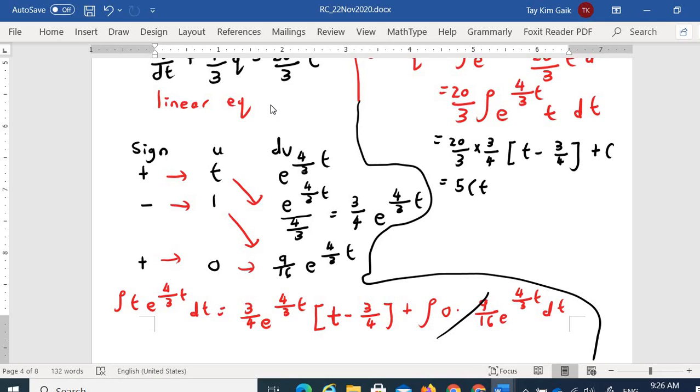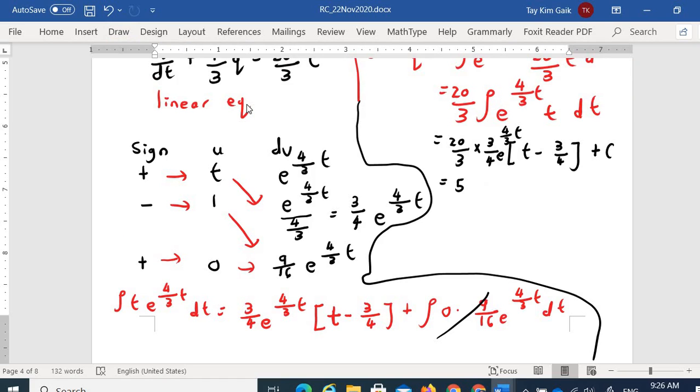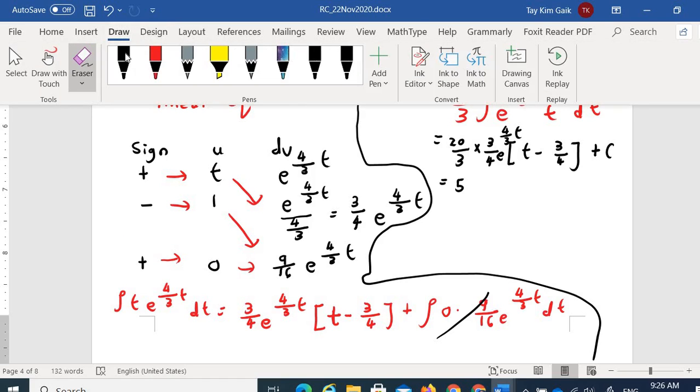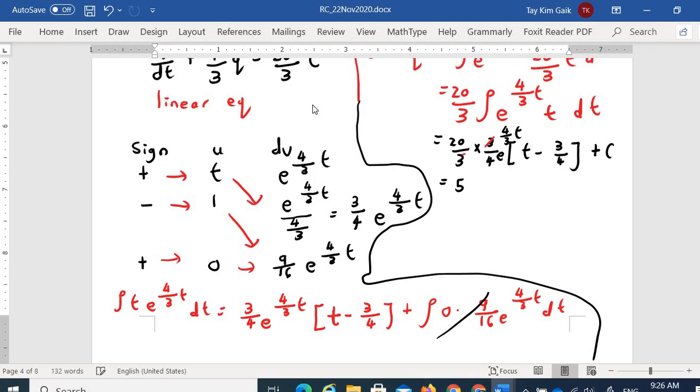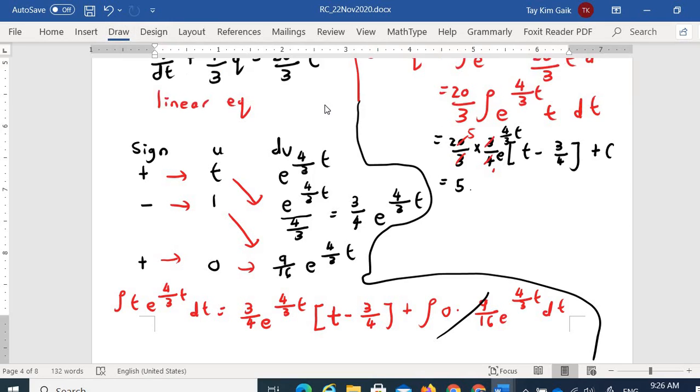Oh sorry, we still have this term e^(4/3 t). That's why you have 5 e^(4/3 t) multiplied by t minus 3/4, plus c.